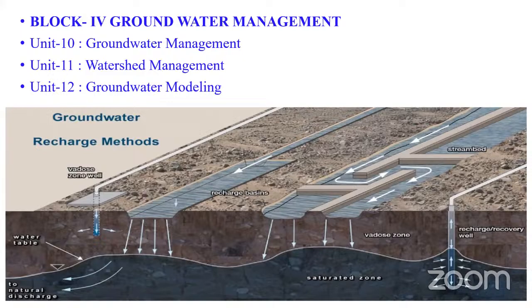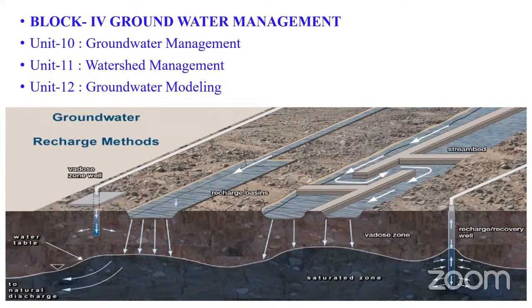So, how will quantity be affected? For example, in a particular area, groundwater availability is good, with good potential zones. Groundwater is abundant, but they are simply pumping 24 hours, 24 by 7, withdrawing and wasting more water.